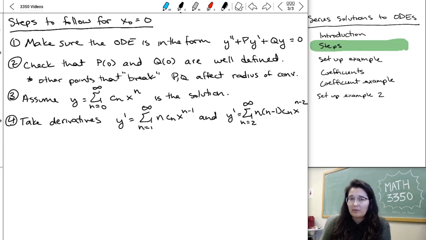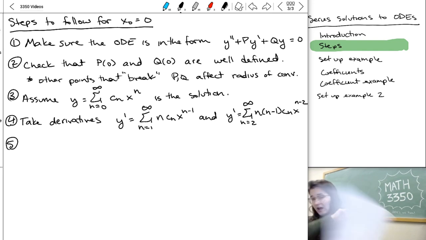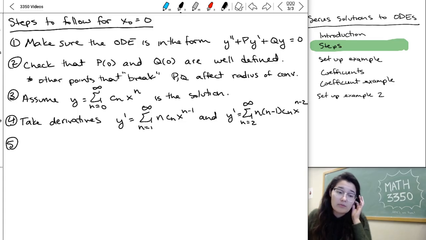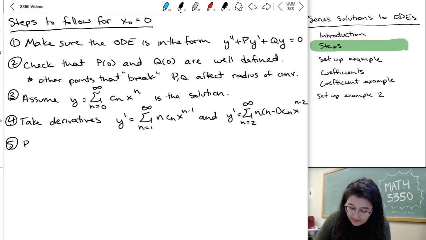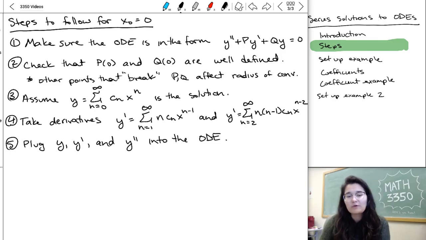You're working with enough complicated things as it is. So, after you've taken those derivatives, we're going to plug y and its derivatives into the ODE. Remember, we just want to solve for whatever has to be true for them to be solutions. But because series are pretty complicated, it's going to be a complicated few steps to get there.